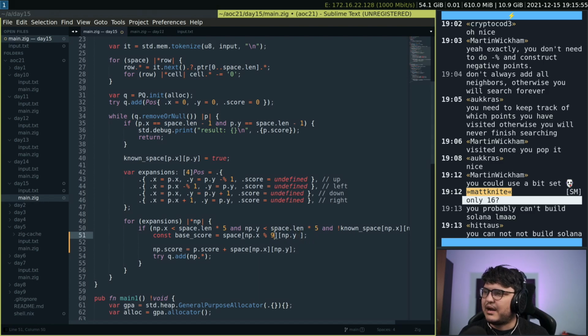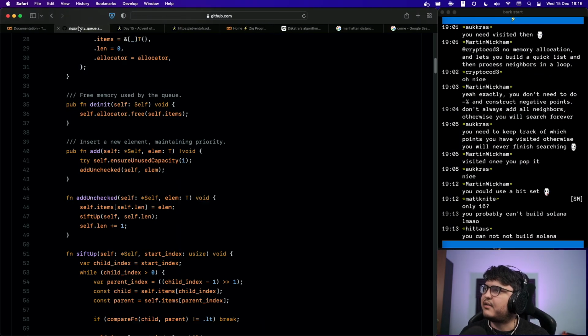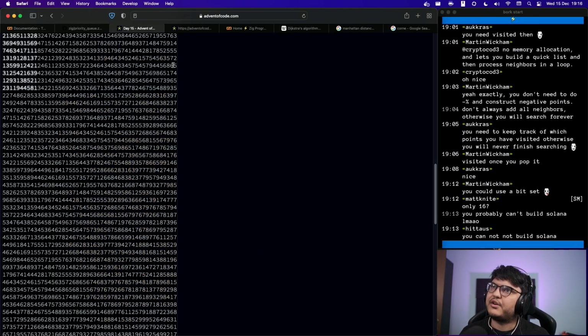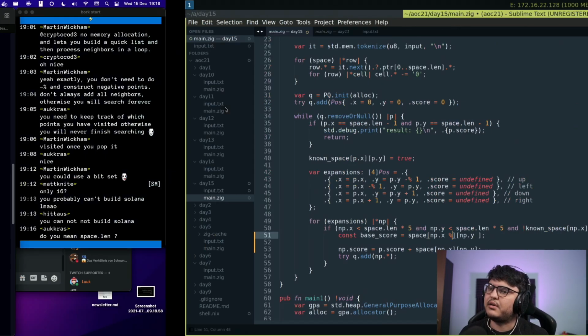That's not how I need to do this. This is modulo 0, 9, 10... Oh, this is actually modulo 9, isn't it? Like if the coordinate is 12, the coordinate 12 should actually be 3 on the original thing, isn't it?